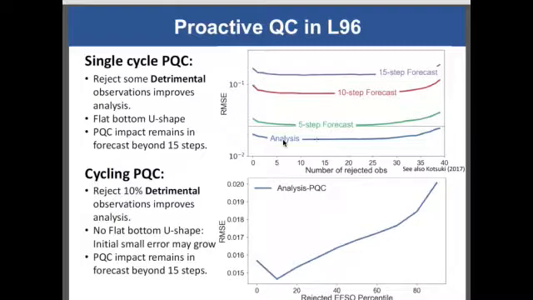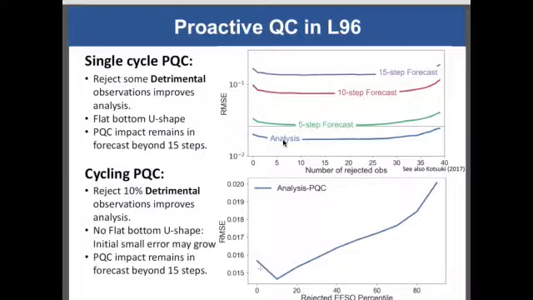But by a cycling experiment, we can see that those observations are actually very helpful in some way in the future, providing helpful information here. So it's about 10% of the detrimental observations that gives us the best performance of PQC. It's not as radical as the 50% in the beneficial experiment I showed before.